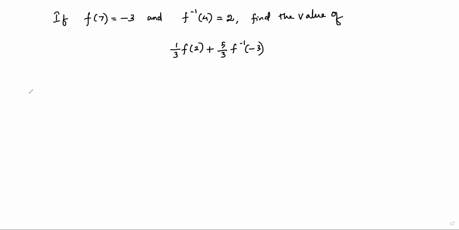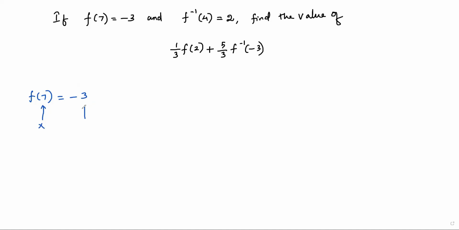Let me take the first piece of information, that is f of 7 equals negative 3. Consider the function f of x. If I plug in x equal to 7, what result will I get? That is what is given here. When I plug in x equal to 7, I get the result negative 3.